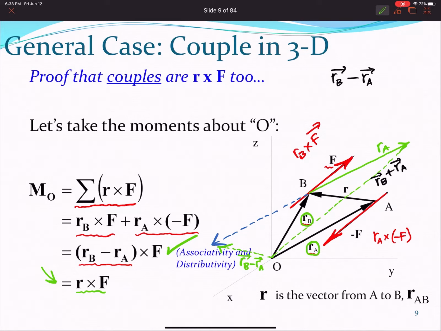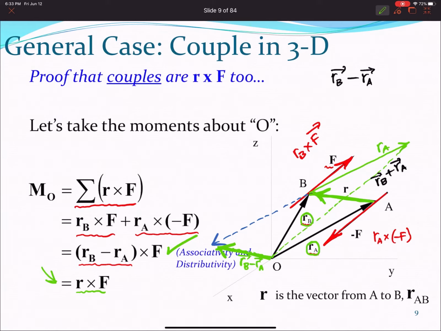Guess what? This vector over here, RB minus RA, is equal to this vector over here, vector R.